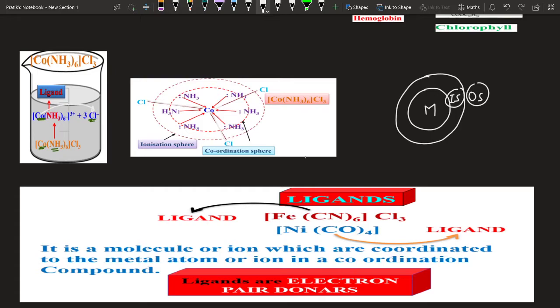Weaker bond, and this bond is what? Ionizable. The bond between cobalt and ammonia does not break. So the bond between cobalt and ammonia is what? Strong, and ammonia is near to cobalt, having a shorter bond, and this shorter bond is not broken by water.